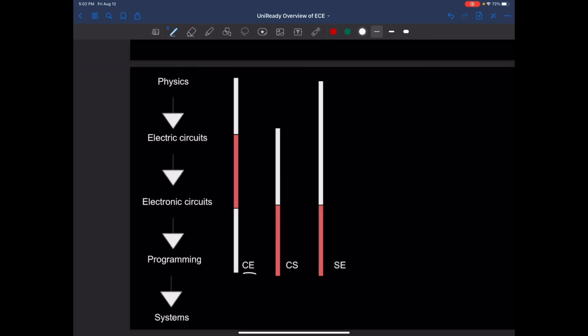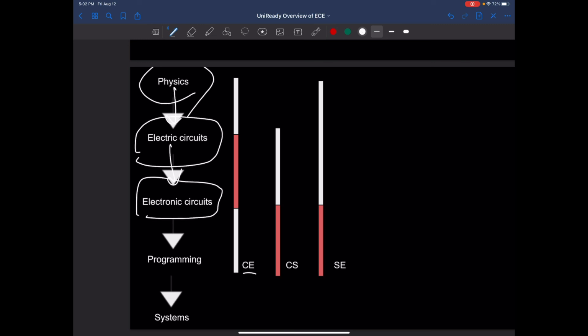So to recap a bit more about this abstraction flow map, you have physics, Maxwell's equations, they get abstracted to electric circuits. So resistors, batteries, wires, and so on. And you can abstract these to electronic circuits. So these are the logic gates and the different components that you can make with logic gates.